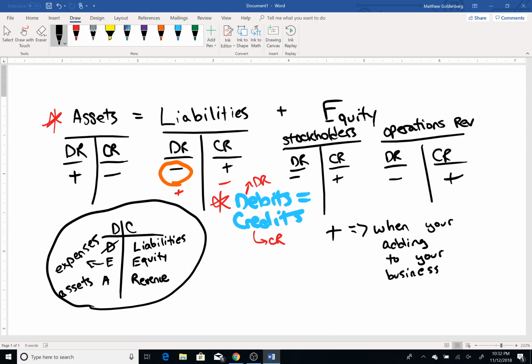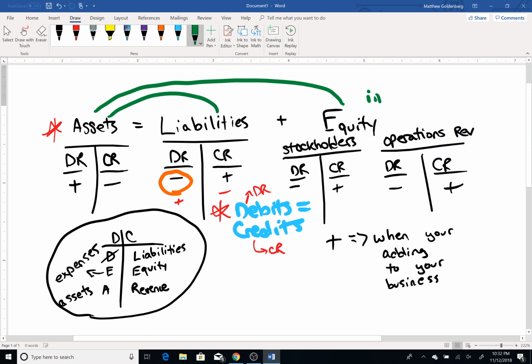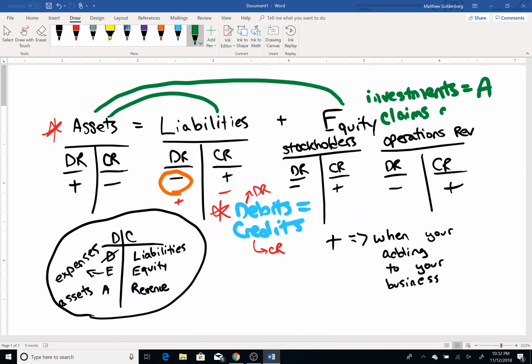The one other thing I want to show you guys is that assets equals liabilities plus equity precisely for this reason. Liabilities and equity are all either investments in assets or claims against assets.